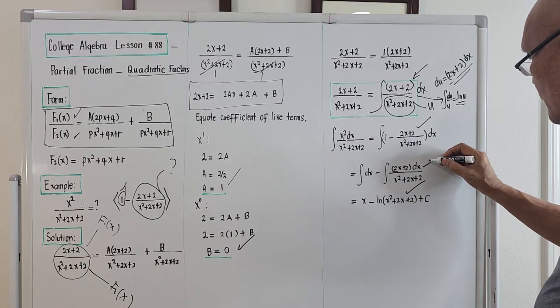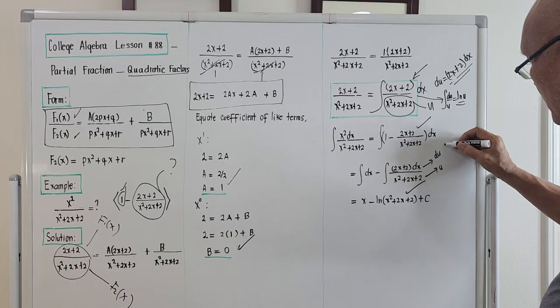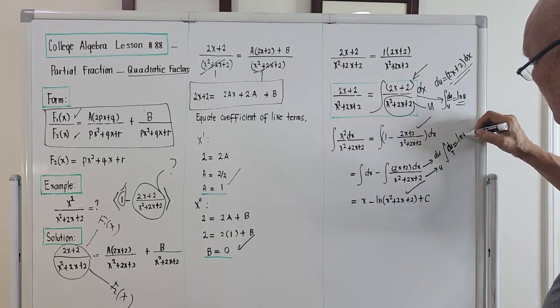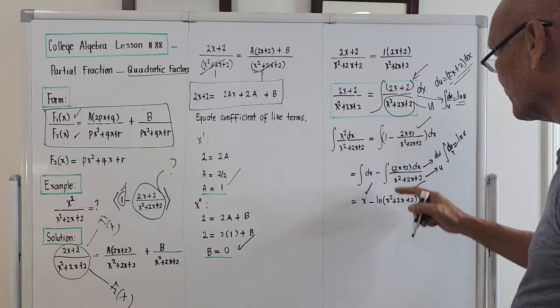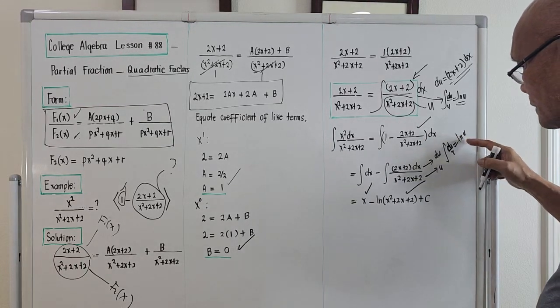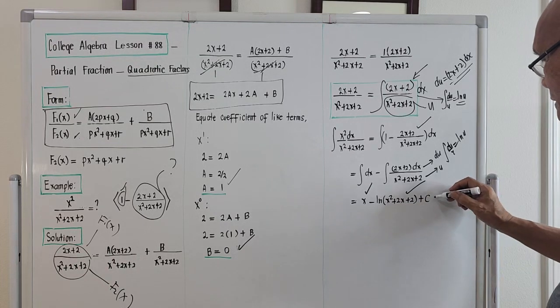Like what I said a while ago, this is du and this is u, and this falls under the integral of du over u, which is the natural logarithm of u. So the integral of dx will be x, and the integral of du over u is the natural logarithm of the quantity x squared plus 2x plus 2, plus C.